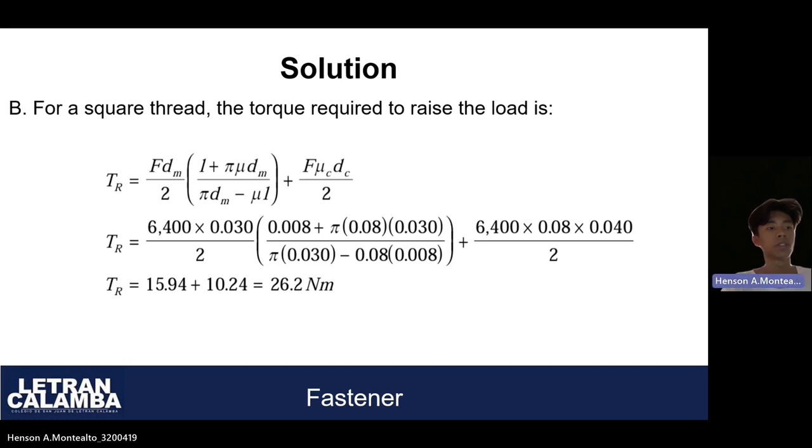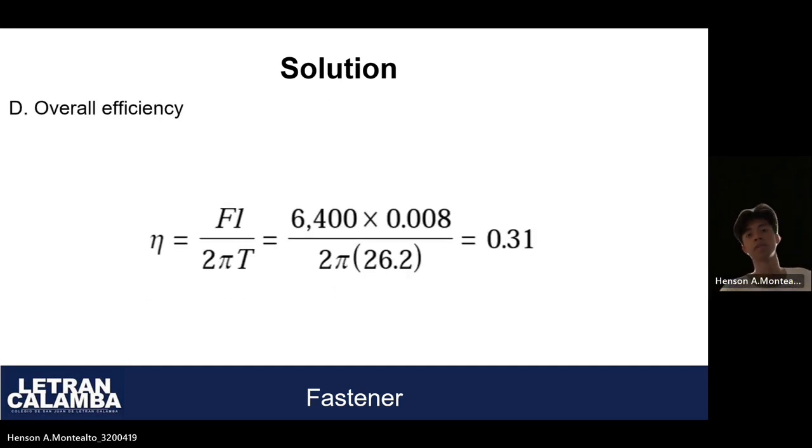T_R equals F d_m over 2, open parenthesis, (l plus pi f d_m) over (pi d_m minus f l), close parenthesis, and that's it, the problem. The result is 0.5.